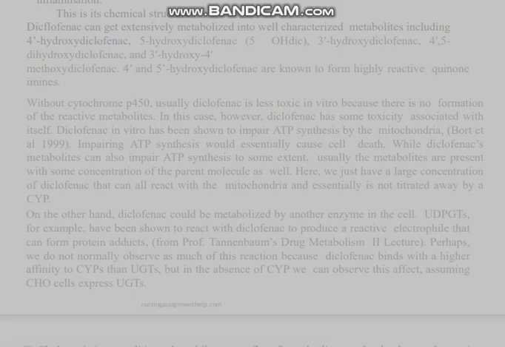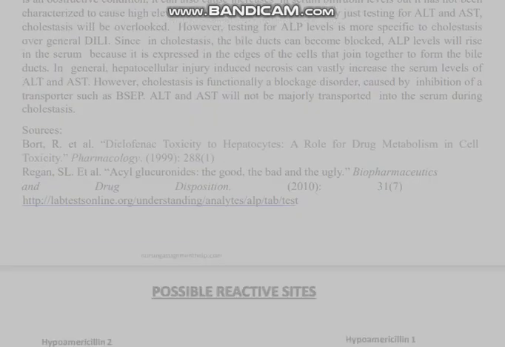However, since cholestasis is an obstructive condition, it can also cause increases in serum bilirubin levels, but it has not been characterized to cause high elevation of ALT or AST. Therefore, by just testing for ALT and AST, cholestasis will be overlooked. However, testing for ALP levels is more specific to cholestasis over general DILI.